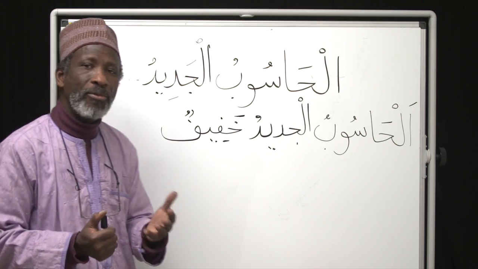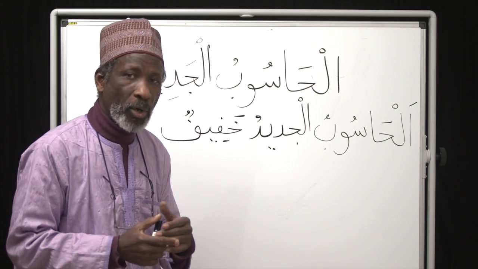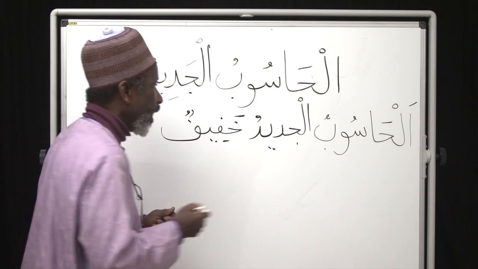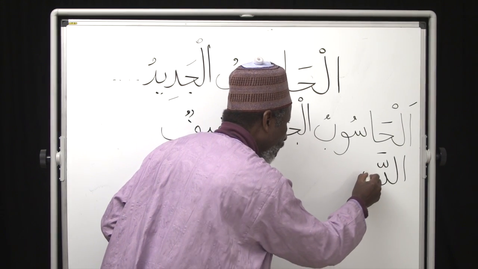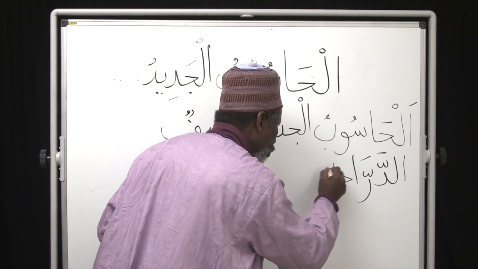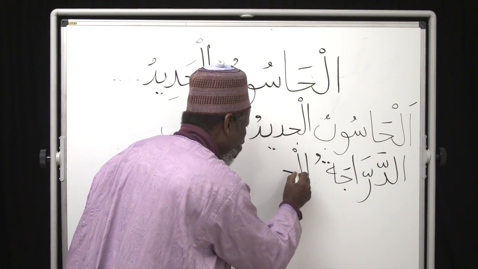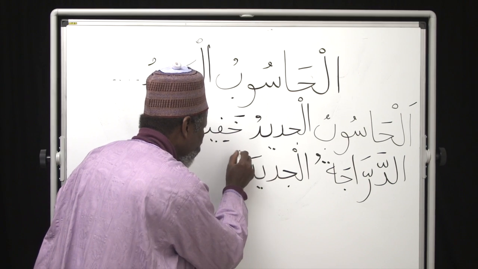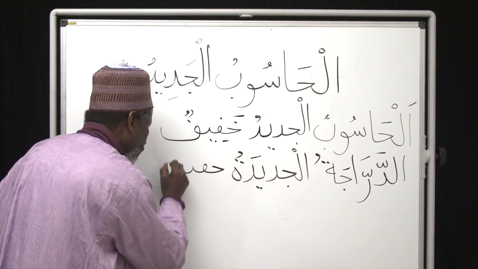Now let's do the same thing for daraja, which is bike. We want to say the new bike is light in weight. So ad-darrajatu, ad-darrajatul jadidatu khafifatun.